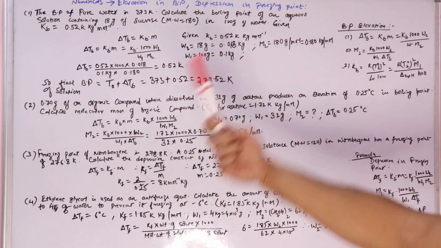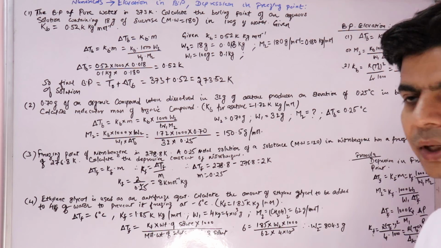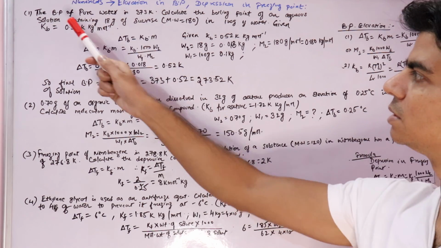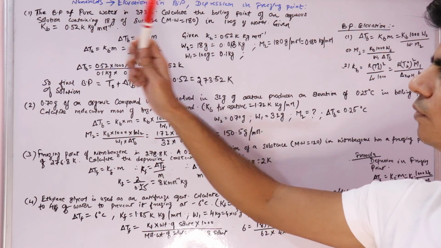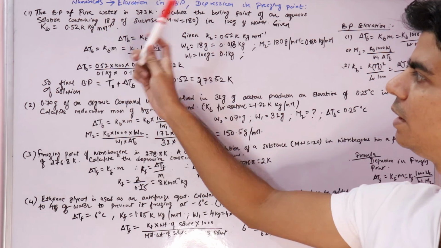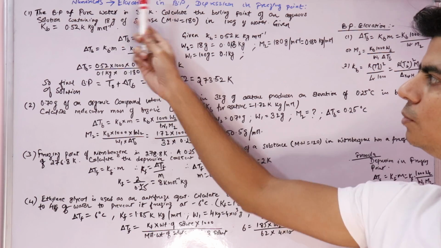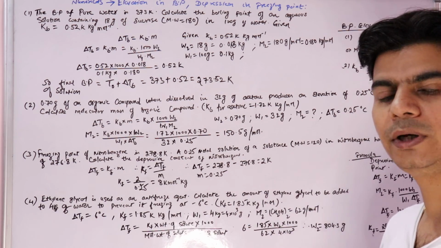It's asking us the boiling point of pure water is this. Calculate the boiling point of an aqueous solution. So the boiling point of aqueous solution would be more than this, because boiling point of pure water is 373. So when you added 18 gram of sucrose to pure water, the boiling point will rise.